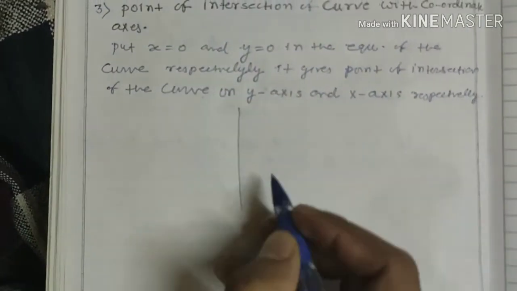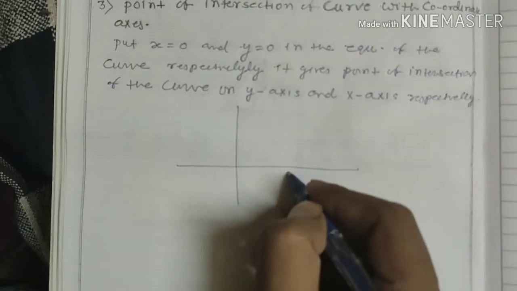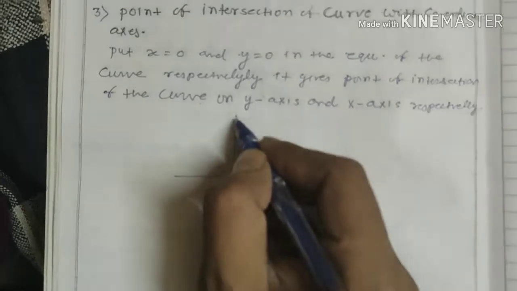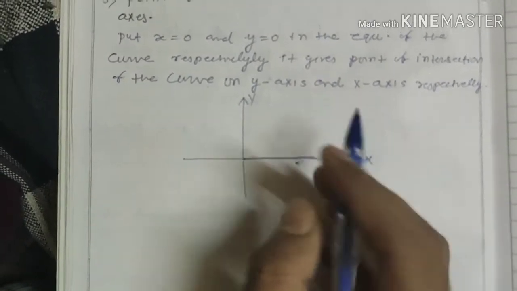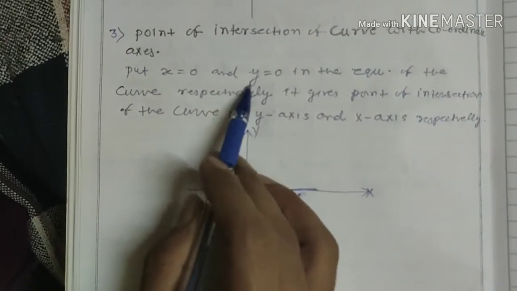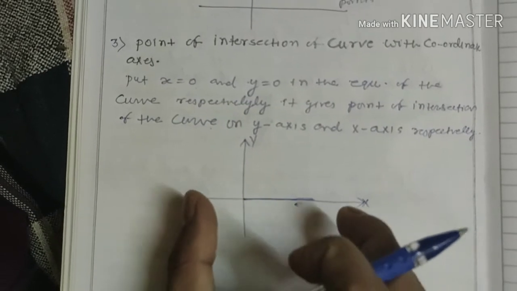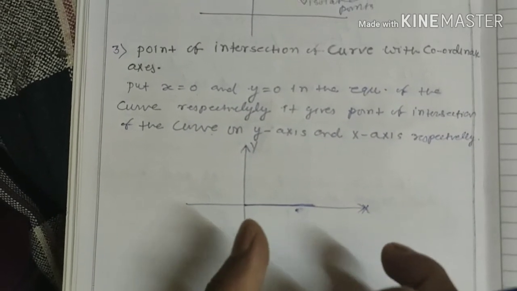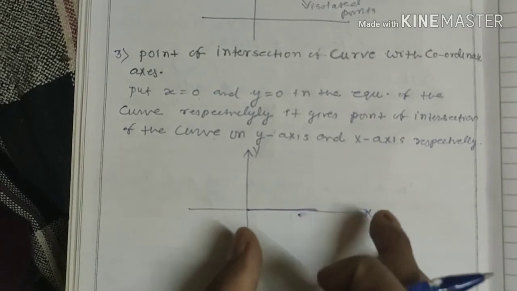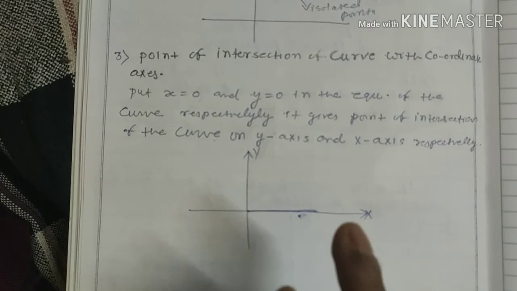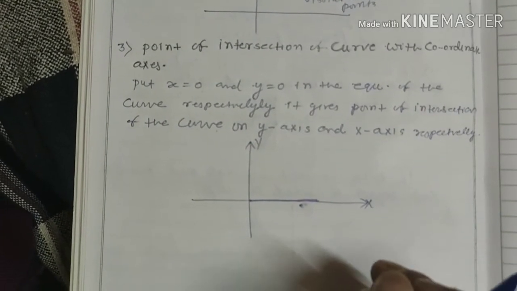So we have to draw a curve, where this is the y-axis and this is the x-axis. Put x equals to 0 and y equals to 0 in the equation of the curve. Putting them respectively gives the points of intersection of the curve on the y-axis and x-axis.